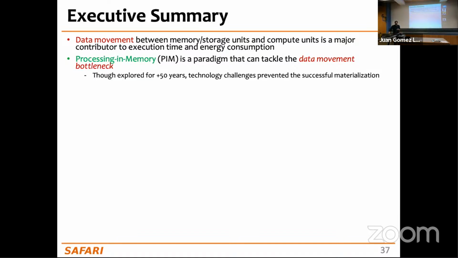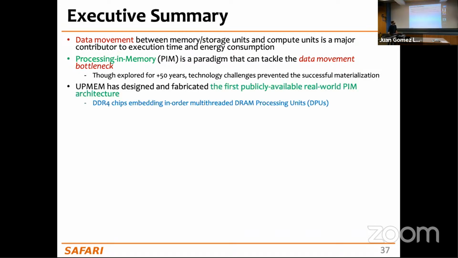But even though it was proposed many years ago, as you know, there were multiple technology challenges that prevented the materialization of this technology into commercial products, right? And UPMEM, as I said before, is the first company that has fabricated a real-world processing in memory system.